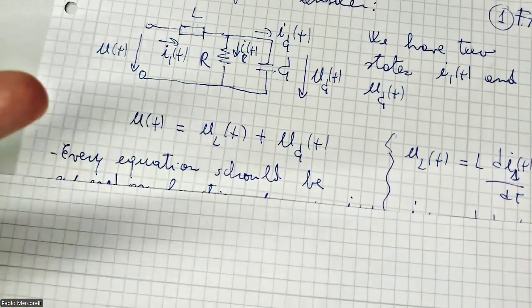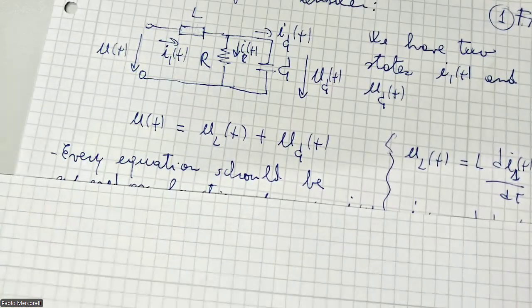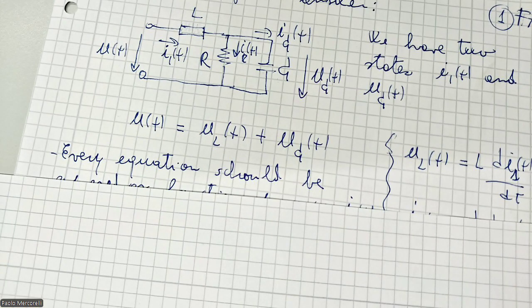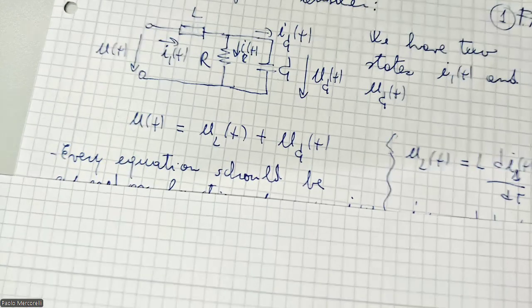But also the topology matters. Even though I have, for instance, two inductors, the topology of the circuit determines whether the two energies, even though they have the same nature, are dependent or not. Do you remember?